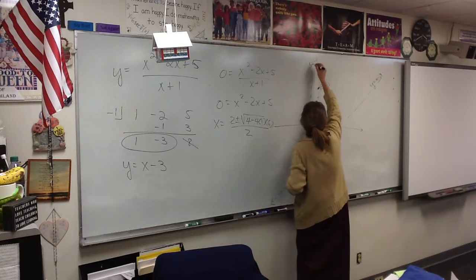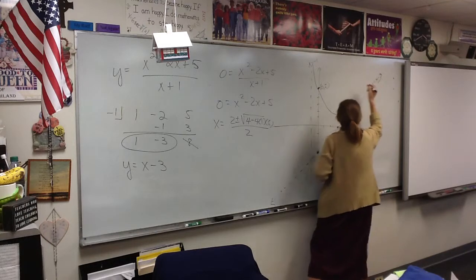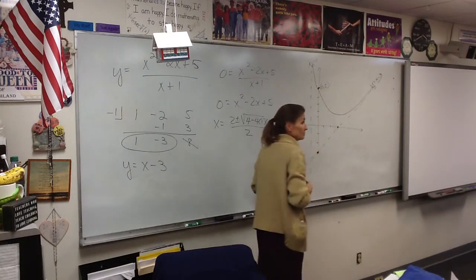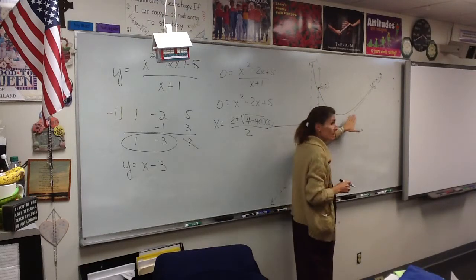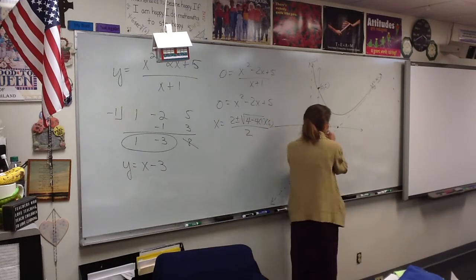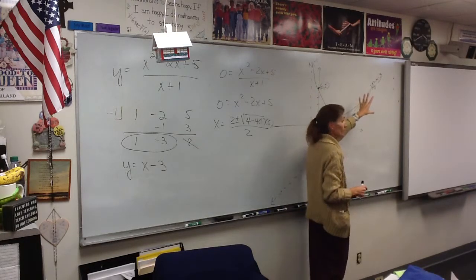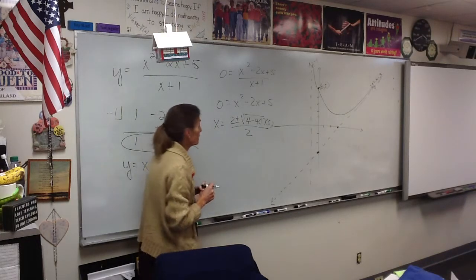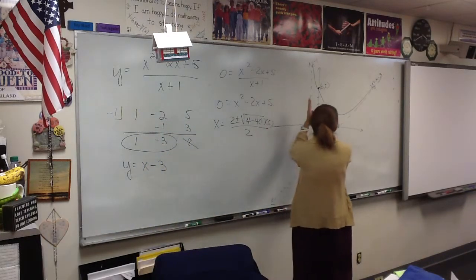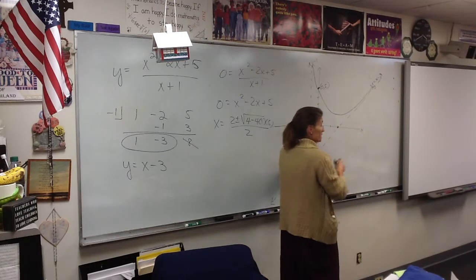So can you envision something that looks like this? Now, I don't know how far down this comes, but I do know it doesn't come down far enough to hit that, right? So I'm just doing a sketch. Now, remember, the vertical asymptote splits your picture into two pieces.